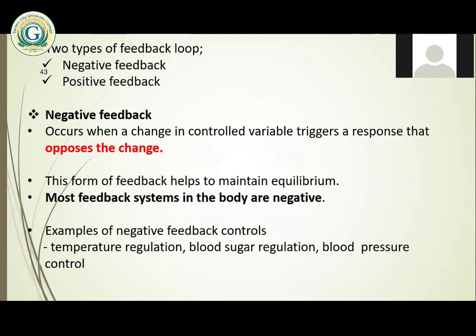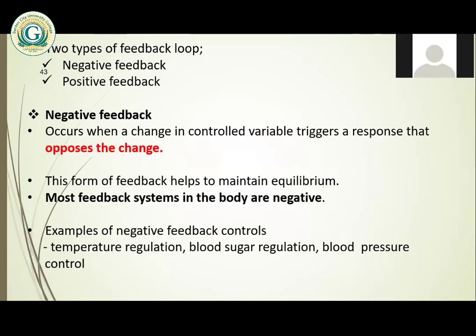For example, when you have a rise in temperature above the normal set point or range, let's say 40 degrees or 38, 39, that is a change that has happened in the temperature variable, and it's not helping the cells to function well. Then negative feedback will use a mechanism to bring the temperature down to about 36, 37.